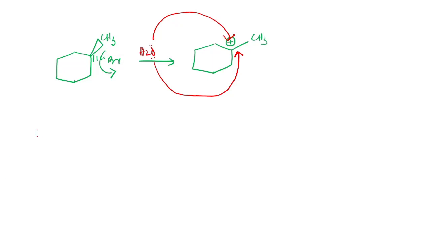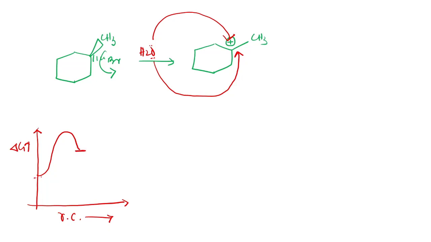Okay, so if we plot delta G versus reaction coordinate, for the first part we will end up with this kind of situation. This is step number 1, where this is the position of the carbocation and this is the position of the reagent.